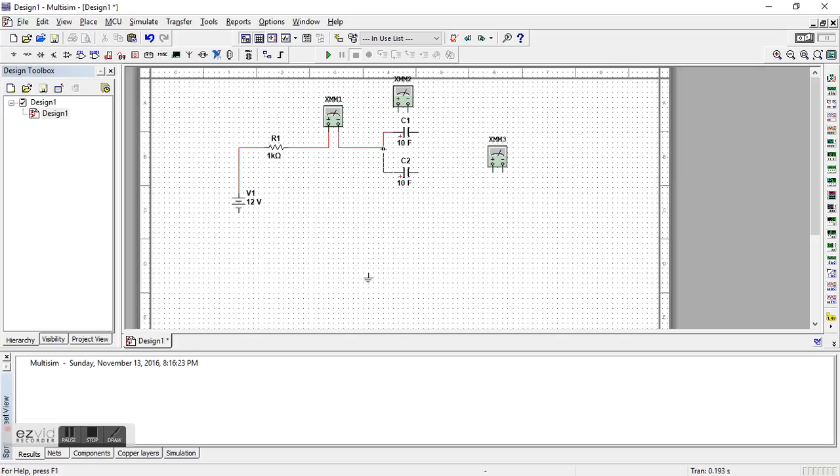Then we'll put the two capacitors in parallel with each other. Then the second ammeter, which will measure the output current of the capacitors.